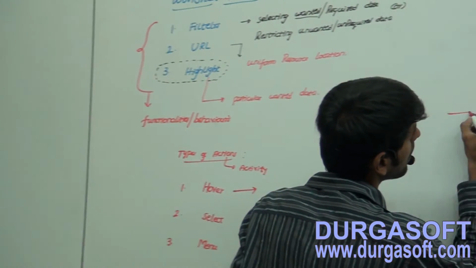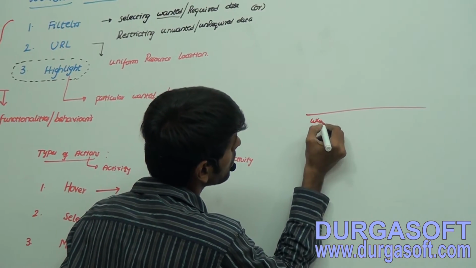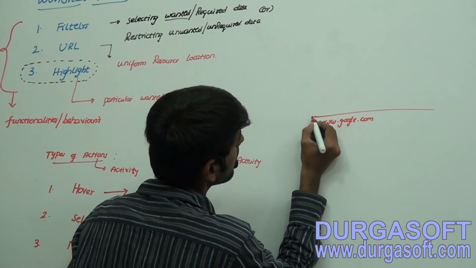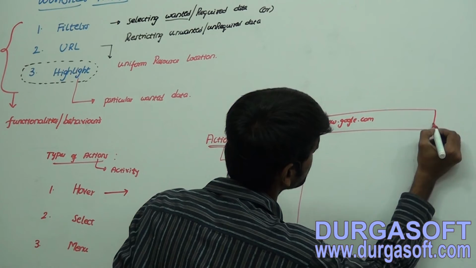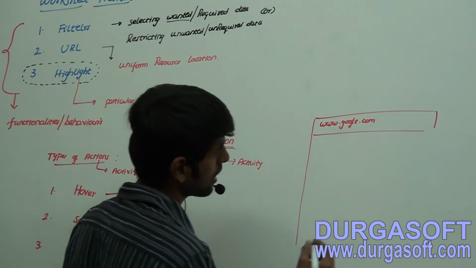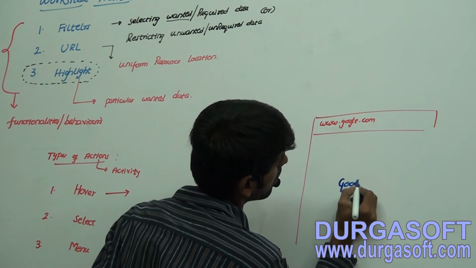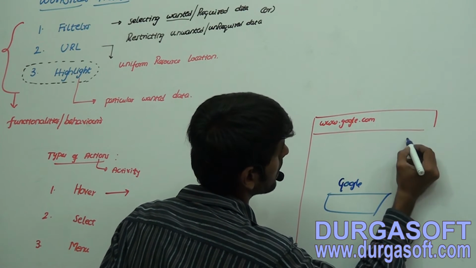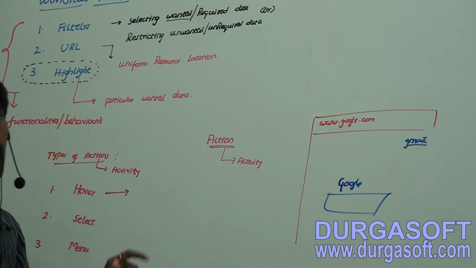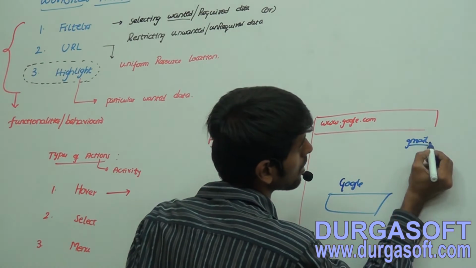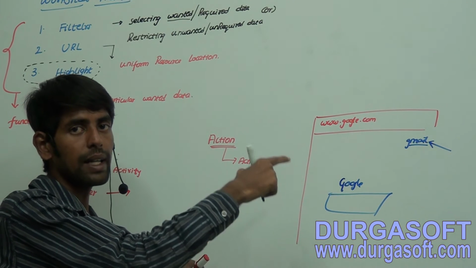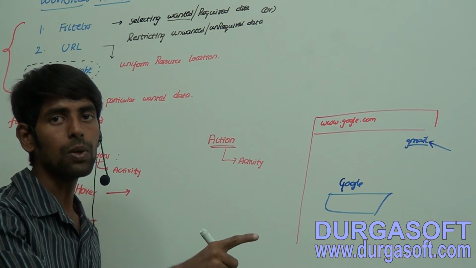Okay, now here there is www.google.com. Okay, try to think guys, try to think it. It is very simple for you guys to catch the point. Now we have here a Google page. Okay, Google, everything is here. Here there is one Gmail button. Okay, now if I place my cursor here, is that going to redirect or navigate me to the Gmail page?